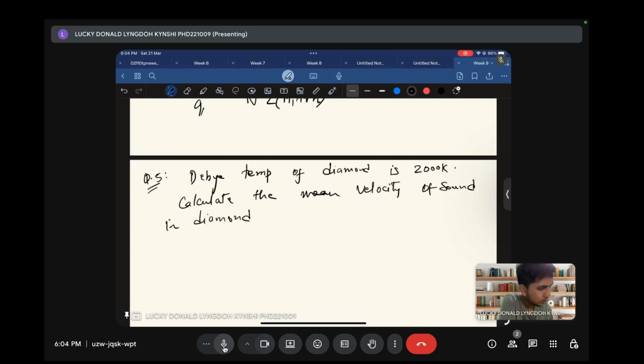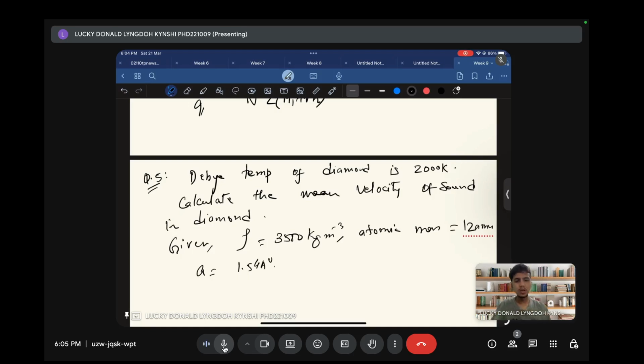Given to you, the density rho is equal to 3500 kg per meter cube, whereas the atomic mass is 12 AMU, and the interatomic distance a is given to be 1.54 Angstrom.